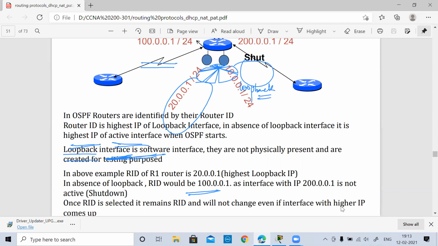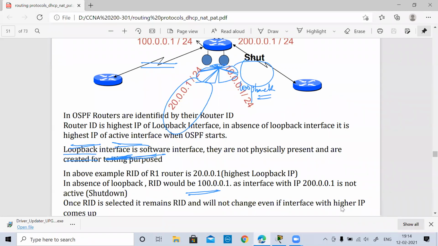Okay, once the RID is selected, it remains RID and it will not change even if the interface with a higher IP comes up. Okay, so router ID is selected on the basis of priority, on the basis of the loopback interface IP, or on the basis of the highest IP on the active physical interface.